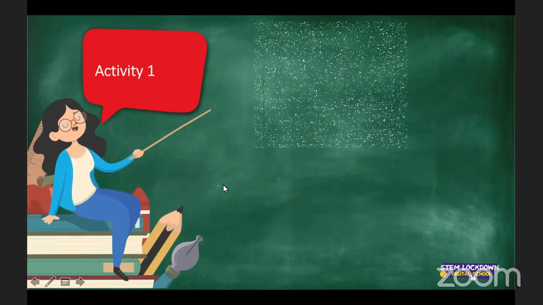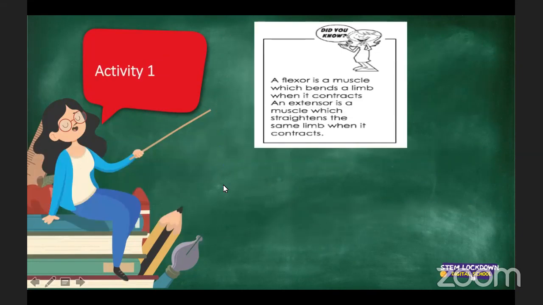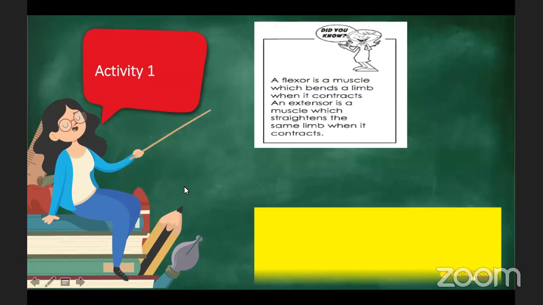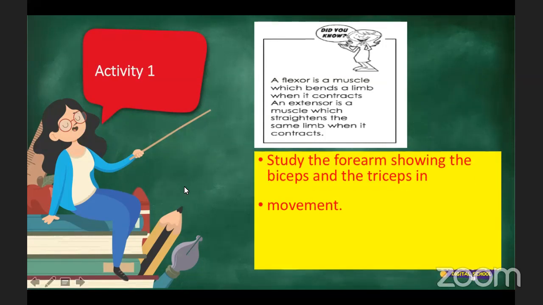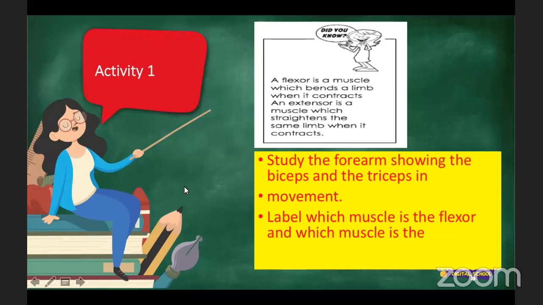Then here's a short activity with 2 questions only. A flexor is a muscle which bends a limb when it contracts. An extender is a muscle which straightens the same limb when it contracts. Study the forearm showing the bicep and the tricep in the movement.